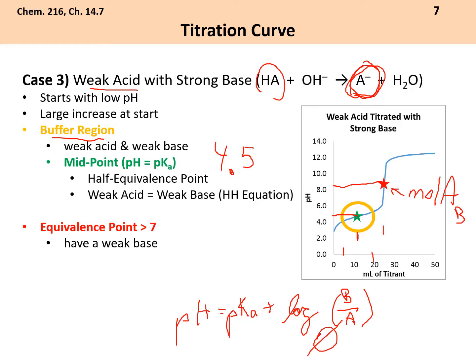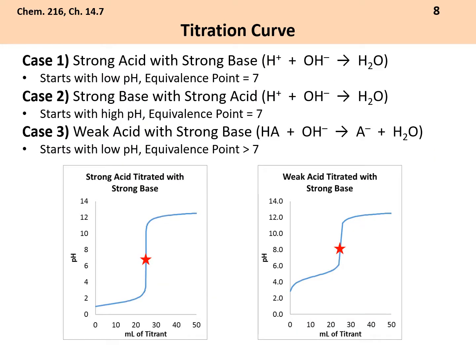All right, so that is case 3, if I have a weak acid and I add in a strong base. Notice this is similar to case 1 where we had a strong acid with a strong base, but notice two things. First, we end up with this sudden increase that we don't see in case 1.